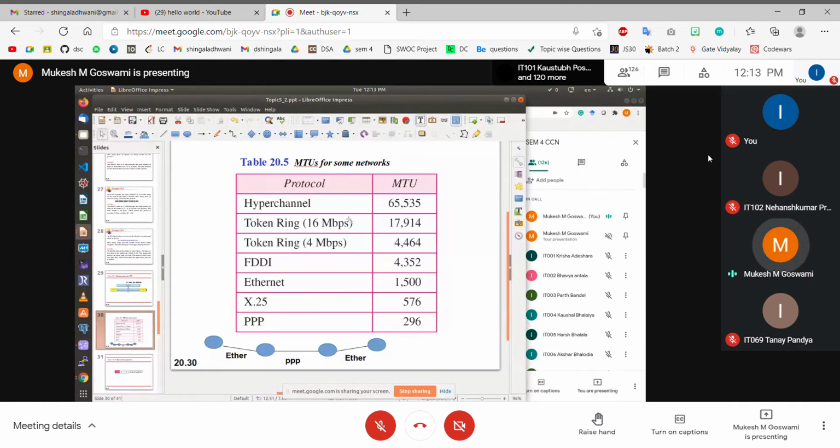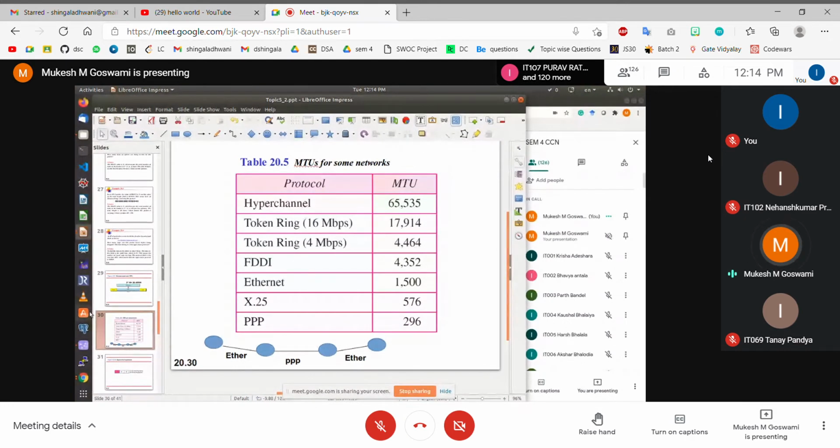For example, HyperChannel can have the frame size equal to 65,535, that is 16 bit, right? Token ring can have 17,000-something. Token ring with 4 Mbps of speed can have a frame size equal to 4,000. FDDI can have 4,000. Ethernet, we already know, can have 1500 bytes, right? As a size of the frame, the maximum size of the frame.